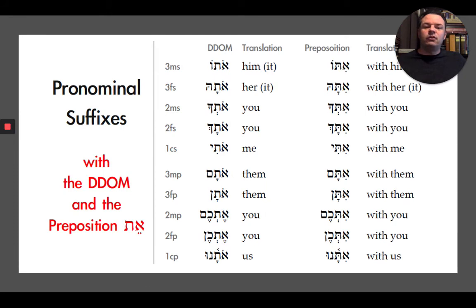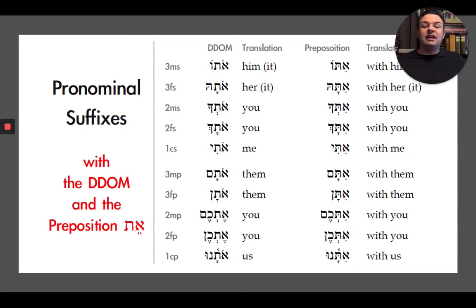So again, if you know that direct object marker, the et direct object marker that we've hopefully gotten used to at this point, which we learned about very early on, if you see otho or otha or othka or othak or othi, it's just him, her, you, me.